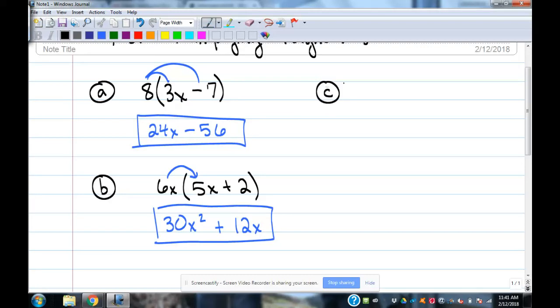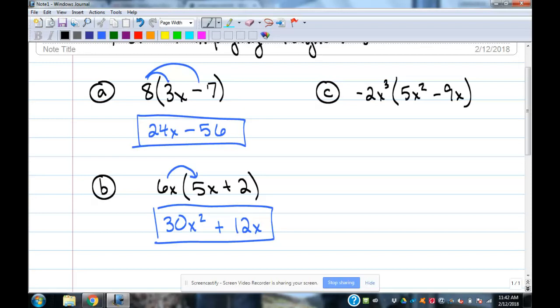Let's hop up here. Let's do -2x to the third, 5x squared minus 9x. Okay, -2x cubed times 5x squared minus 9x. What property is this still? It's still distributive property. That's all it is all day, is distributive property.